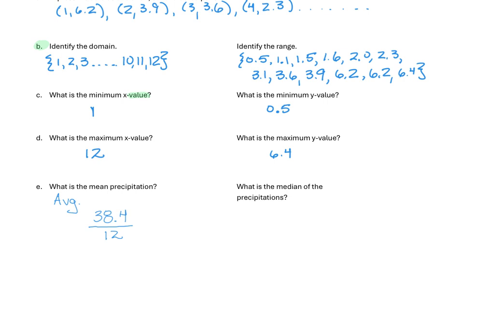I got 16 over 5, and 16 over 5, that I believe is equal to 3.2. And that is our mean, or our average.